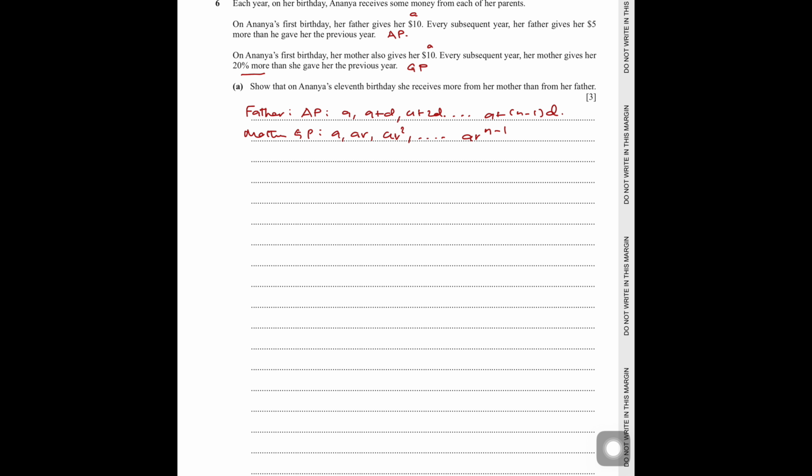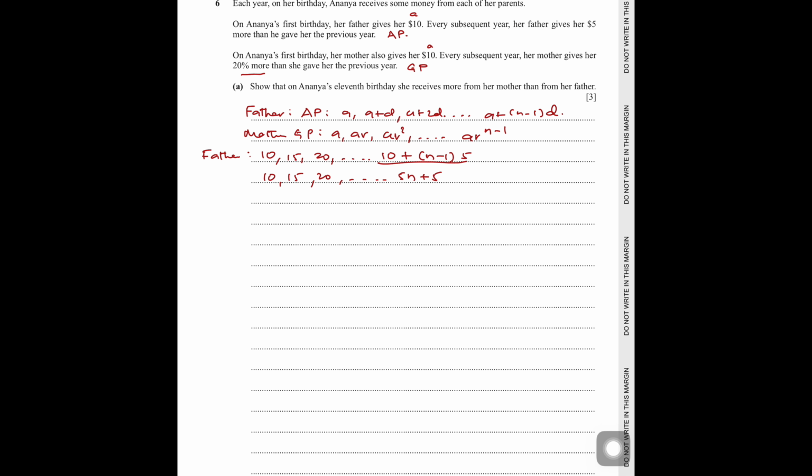So from the father, that's 10, 15, 20, and the A is 10 plus n minus 1 times 5, and that becomes 5n plus 5.